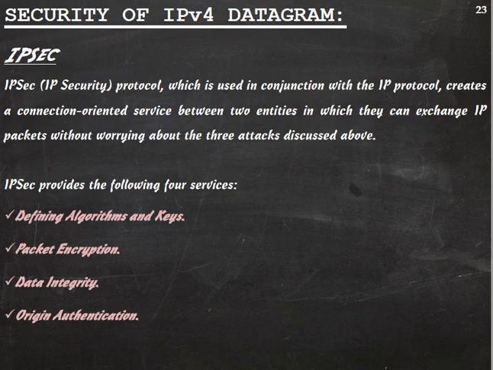So IP packets can be protected from attackers using a protocol called IPsec. The IPsec protocol is used along with the normal IP protocol, and it creates a connection-oriented service between the source as well as the destination, so that they can exchange information between them without worrying about attacks.